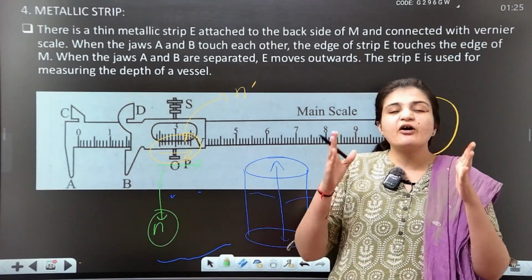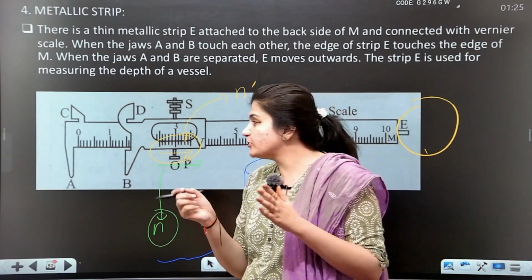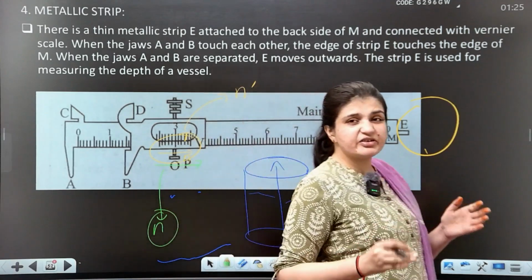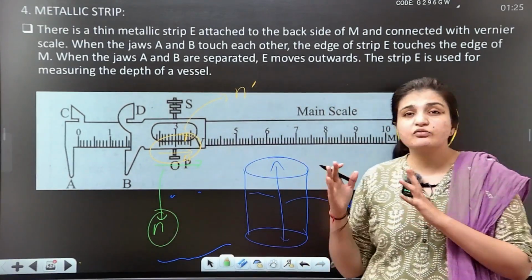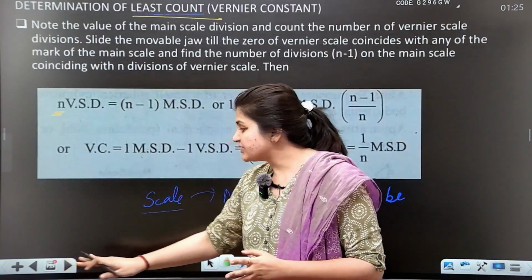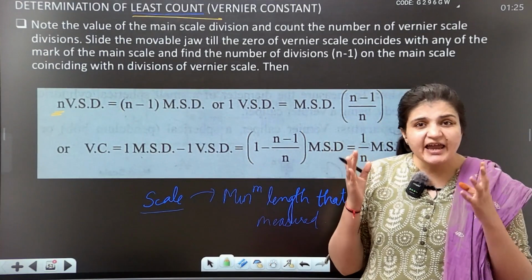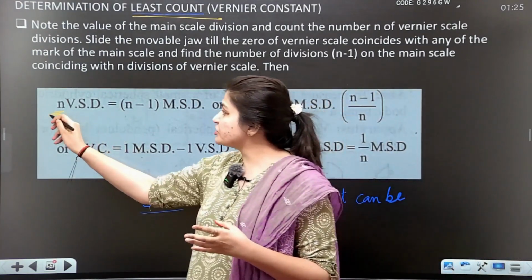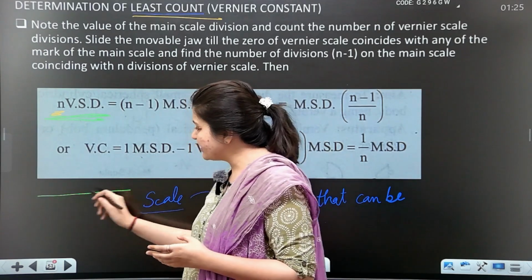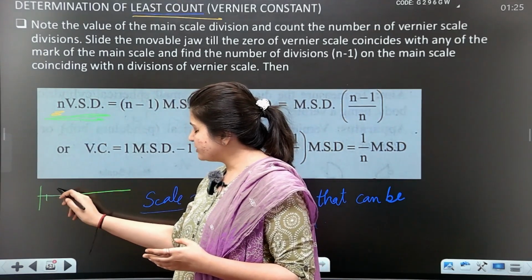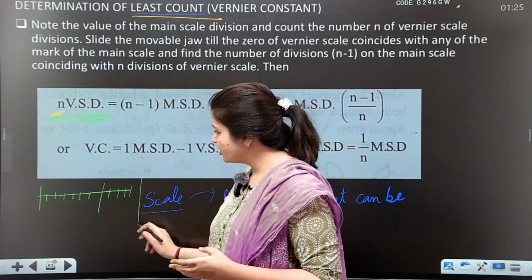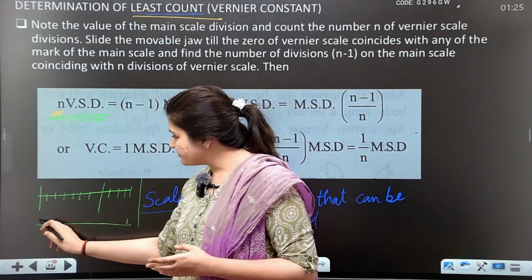So it will occupy a smaller space as compared to the same number of divisions in the main scale. So let's consider we have n number of divisions of the vernier scale. For example, if we have the main scale, and this is the vernier caliper.